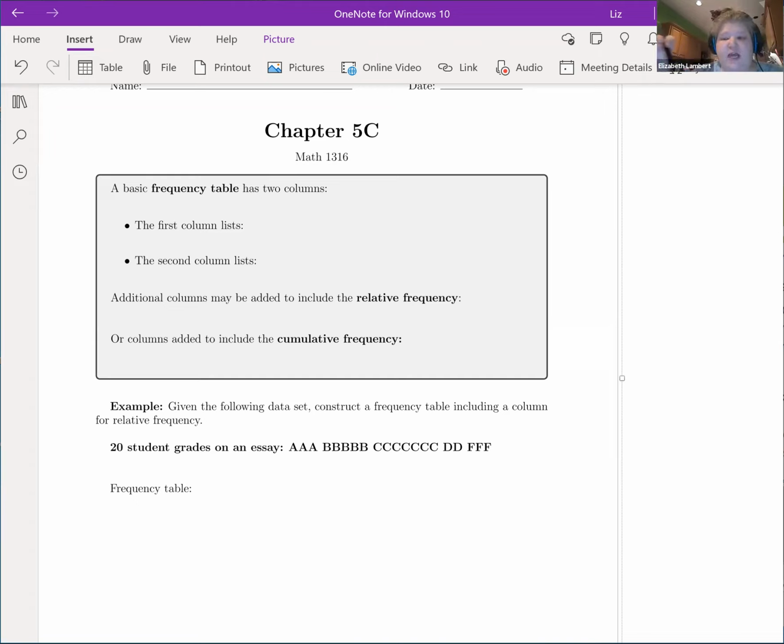So the number of times whatever is within that label shows up in our data. All right, so the first column lists the categories of data, meaning the labels. And the second column lists the frequency.